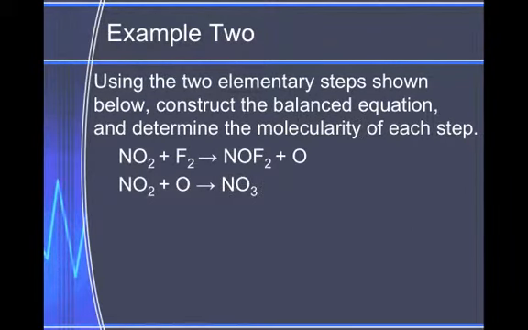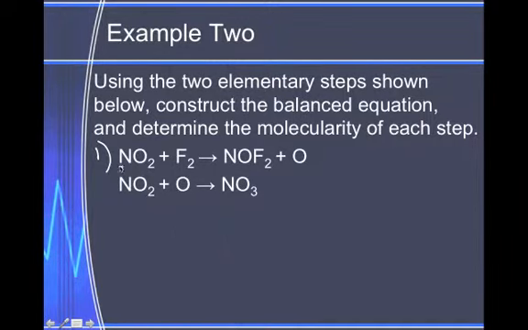So here's an example of another reaction. We'll use these 2 elementary steps to construct the balanced equation, and we'll determine the molecularity of each step. So here's our step 1. Step 1 in this reaction is that NO2 has to collide with F2 to form NOF2 and oxygen atoms.